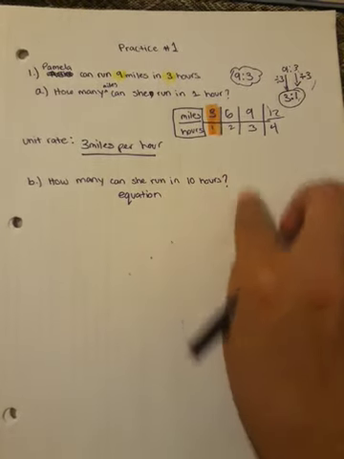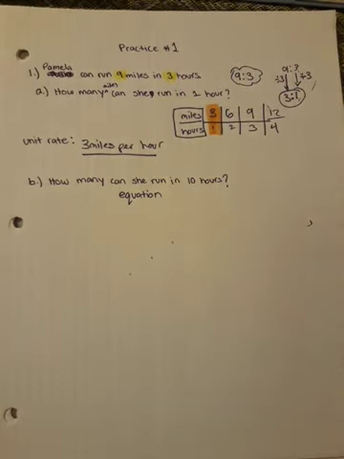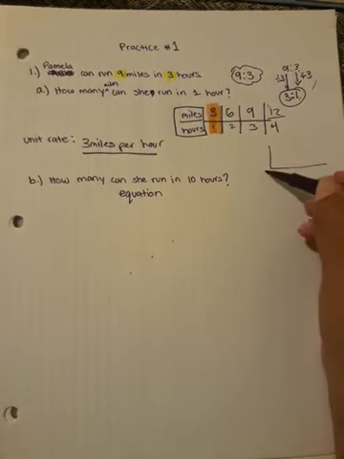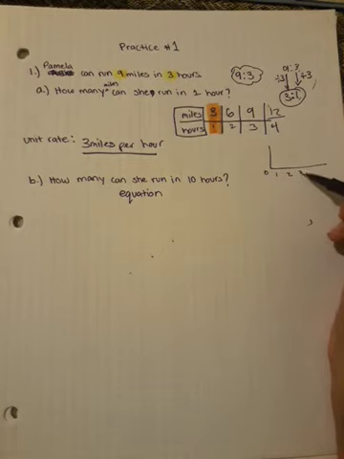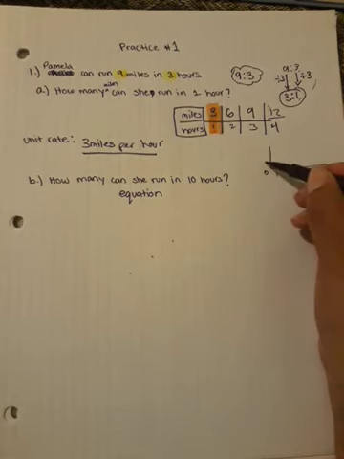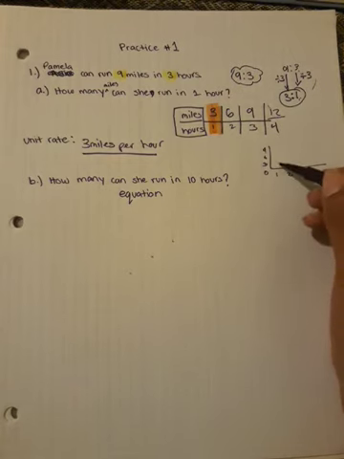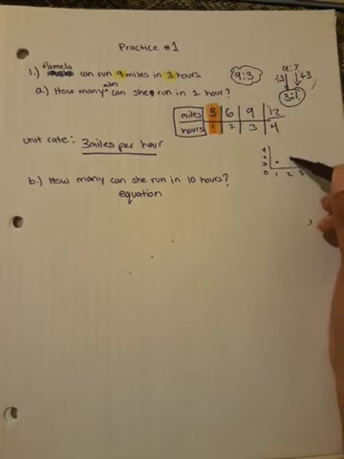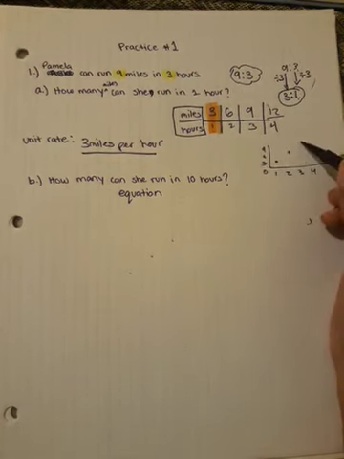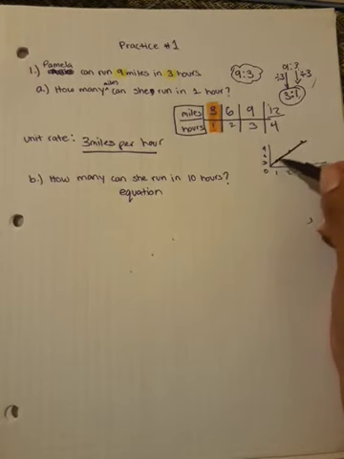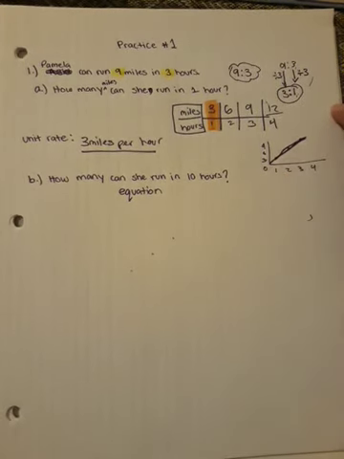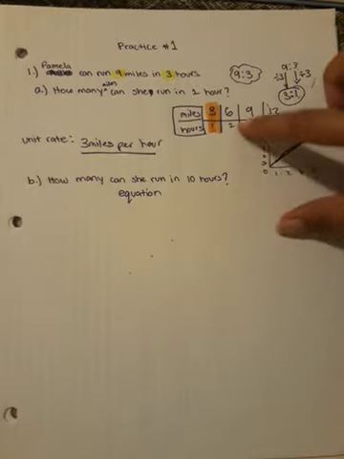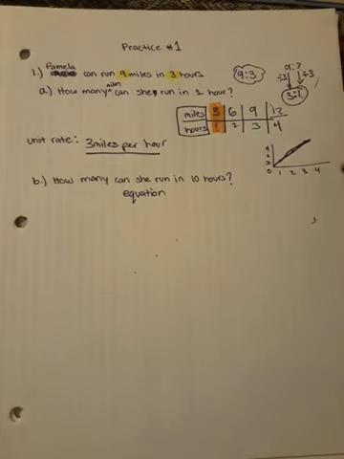I know drawing a graph, we've also practiced, right? 3, 6, 9. Drawing a graph, for 1 hour is 3, for 2 hours is 6, for 3 is 9. If we keep doing this up until 10 hours, it's going to be hard too, because now we have to make a bigger graph.